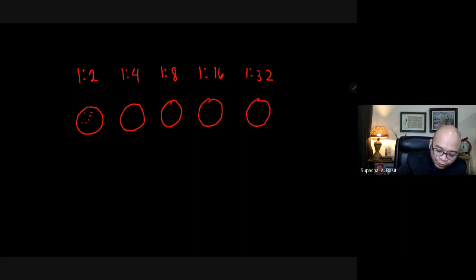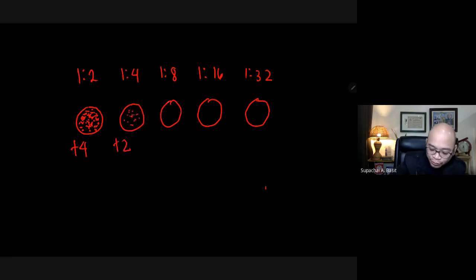So, in 1:2, you see the agglutination is almost 100% of the field. So, we say it is +4. 1:4 is just like this. It's +2. 1:8 is like this, so just +1. 1:16 is no agglutination, it's negative. 1:32, there's no agglutination, so it's negative.